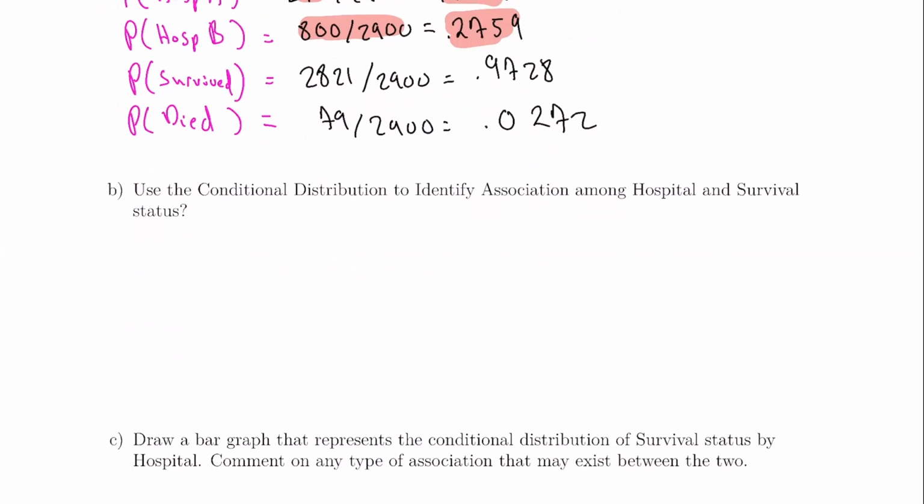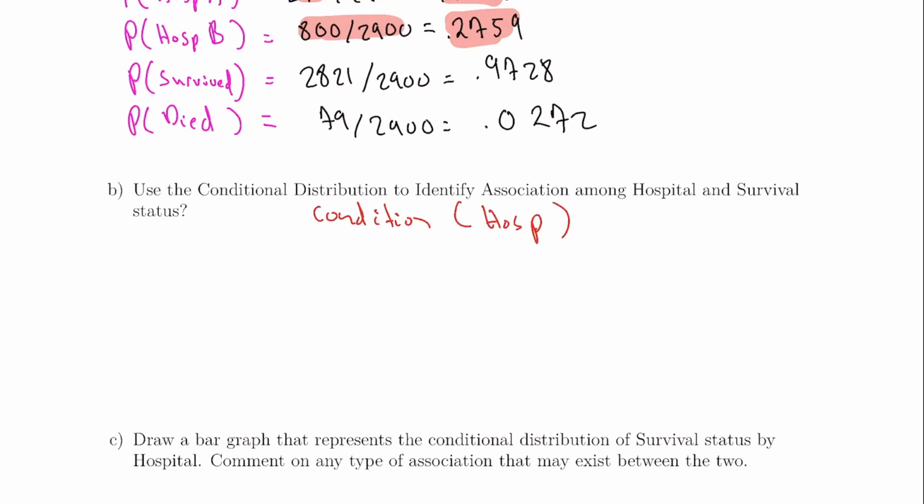So right now, I want to see if there's an association between the hospital that you go to and whether you'll survive or not survive. So for this one, the condition is gonna be the hospital that you go to.